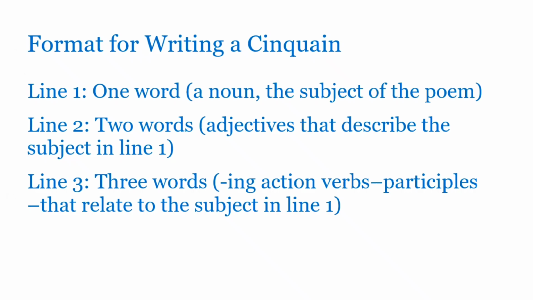Line 2 is composed of 2 words, should be an adjective that describes the subject in line 1. Line 3 is made up of 3 words with -ing action verbs, participles that relate to the subject in line 1.